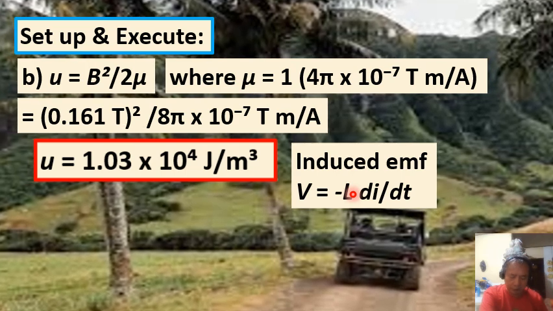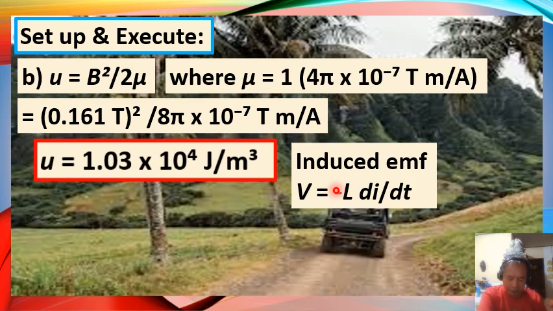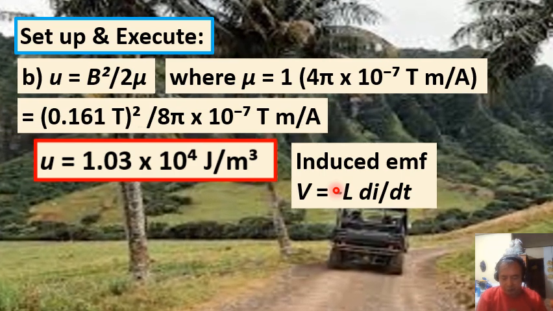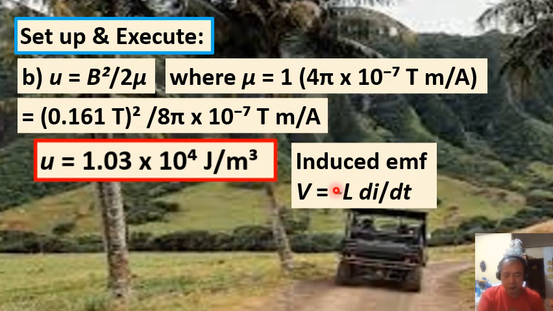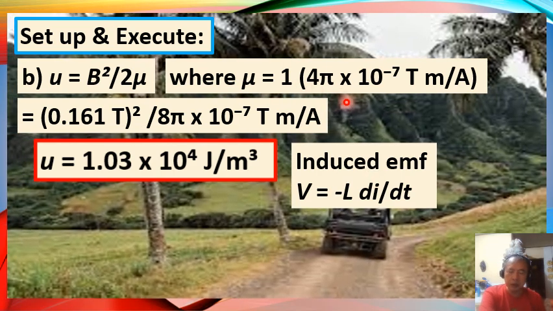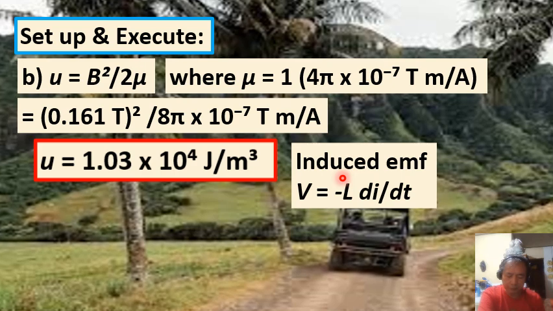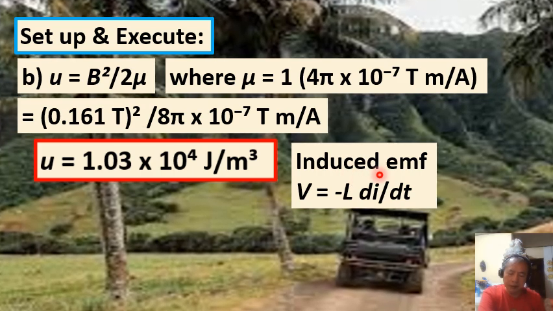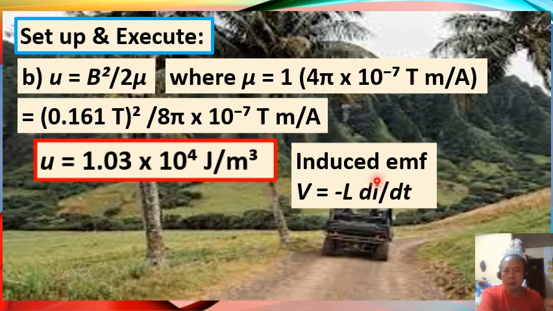And the negative sign here is used or emphasized in accordance with Lenz's law, which states that the direction of the electric current that is induced in a conductor, such as a solenoid, is such that the magnetic field that is created by the induced current opposes any change in the initial magnetic field.